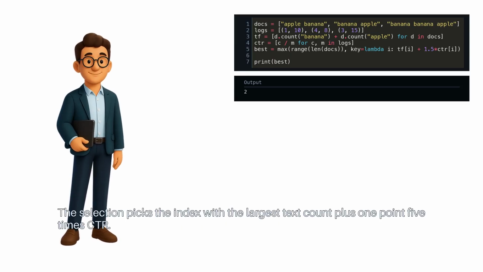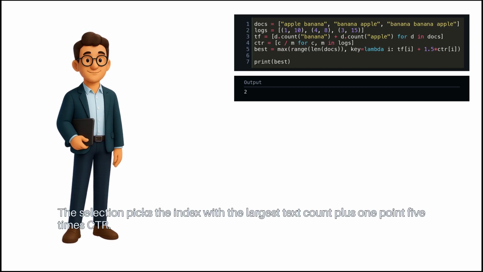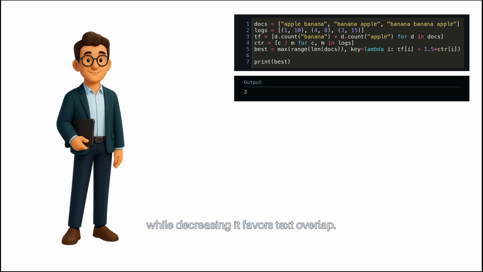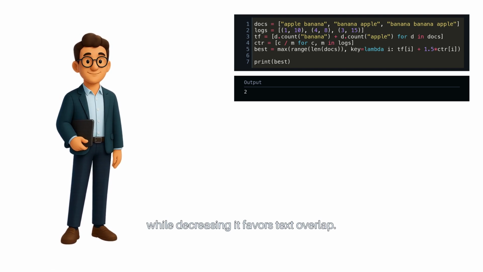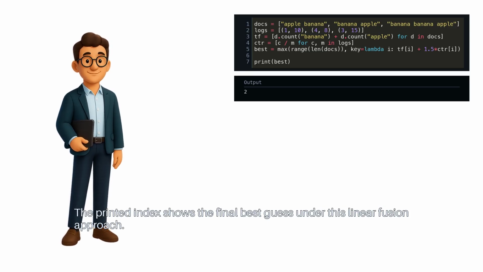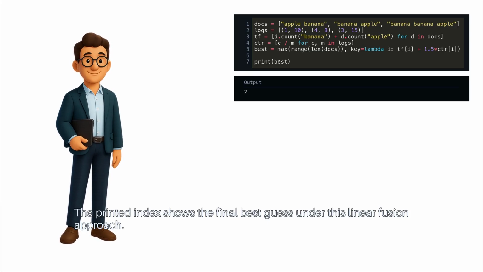The selection picks the index with the largest text count plus 1.5 times CTR. The coefficient 1.5 is an adjustable fusion weight. Increasing it makes the model favor click behavior more, while decreasing it favors text overlap. The printed index shows the final best guess under this linear fusion approach.